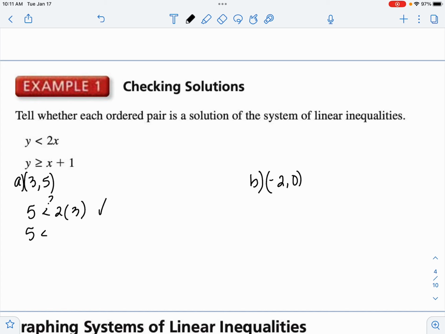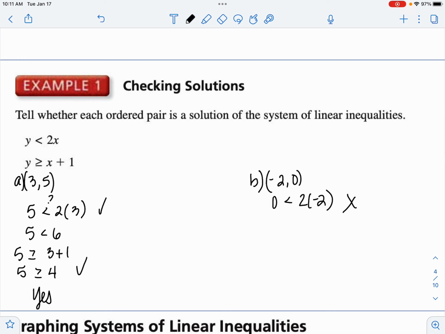That's true. Okay, so A is a solution and B is not.